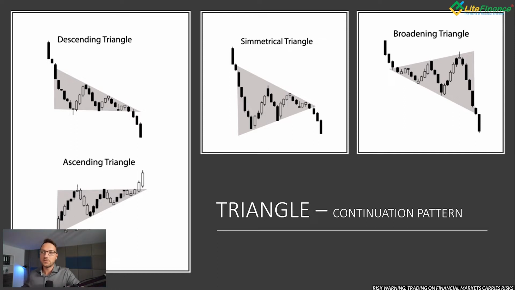As for the triangles, we have a couple of types. First we have the descending triangle, which occurs after a move to the downside. You can draw the descending triangle by placing a straight line on the lower points of the formation.